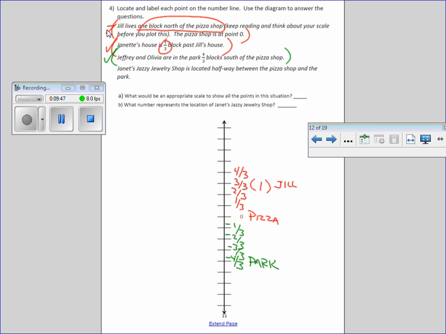And then finally, the jewelry shop is located halfway between the pizza shop and the park. Here's my park. Here's the pizza shop. Who wants to come up to the board and put a dot where halfway between those 2 points would be? Okay, Gav, come on up. Do that in blue.